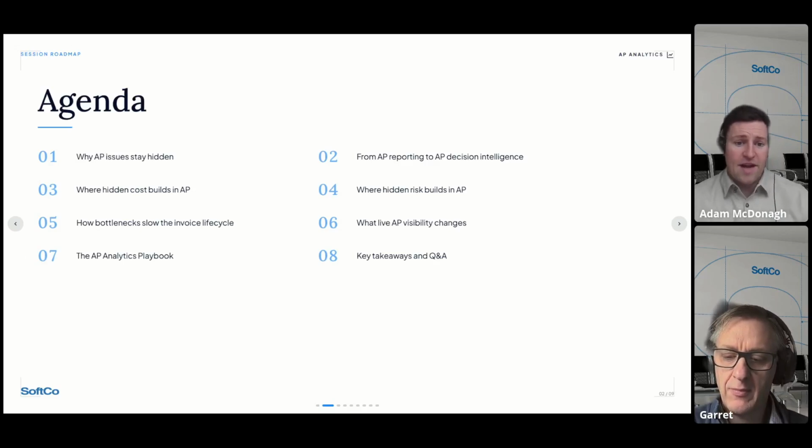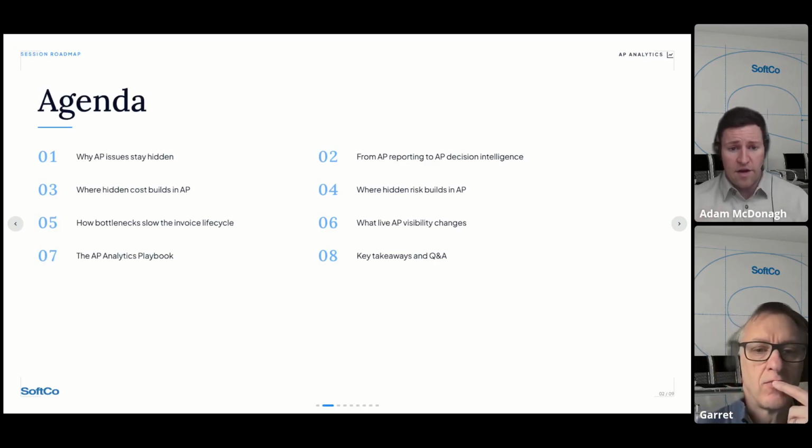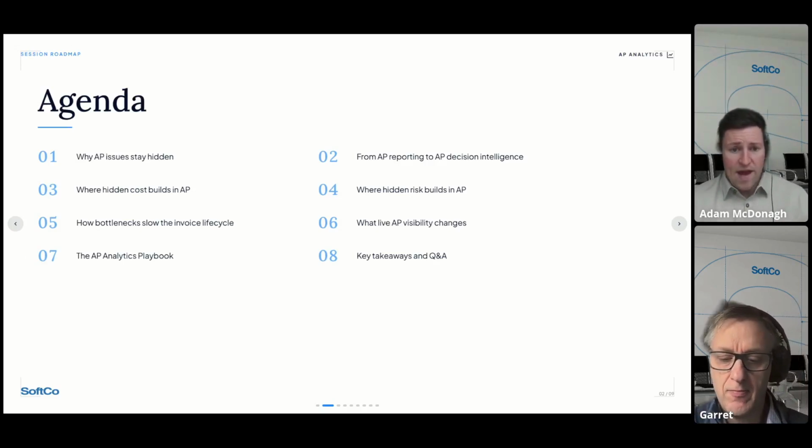So just looking at the agenda slide here, folks, this is ultimately what we're going to cover. We'll start by looking at why AP issues often stay hidden, even when teams already have existing reporting applications in place. We'll then look at the main three areas where AP should be focusing. So where hidden cost builds, where hidden risk builds, and where the bottlenecks slow the overall invoice lifecycle.